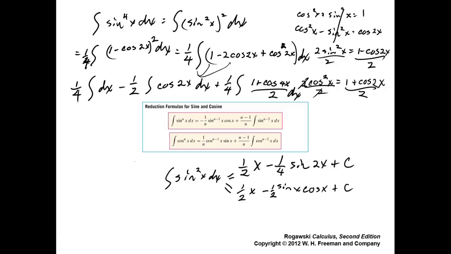You see, when you go from the squared to this form, you lose the square, but you double the angle. Okay? So that now it's all right. So this is close to being doable. Let's see if we can do it.